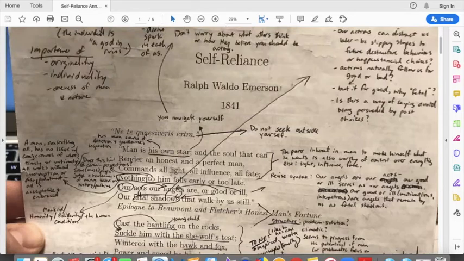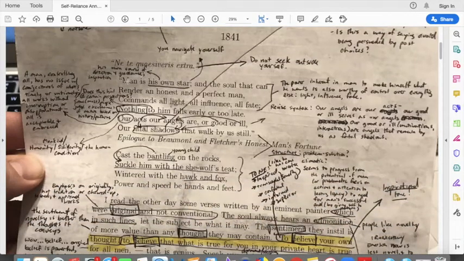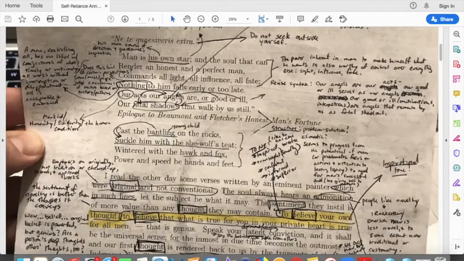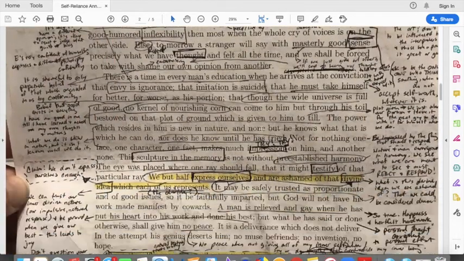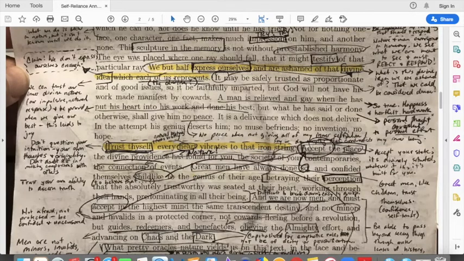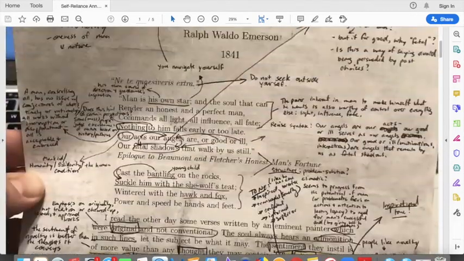So, for example, as we started reading, we needed to define the Latin term that starts out in that first sentence. Do not seek outside yourself. Immediately, we have a very similar command, a very similar statement to the one where it says trust thyself, right?